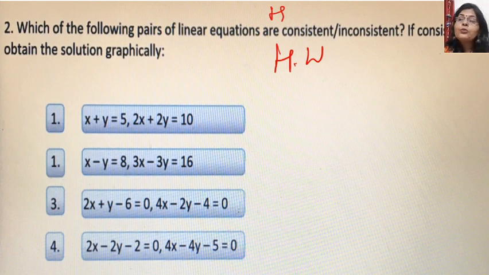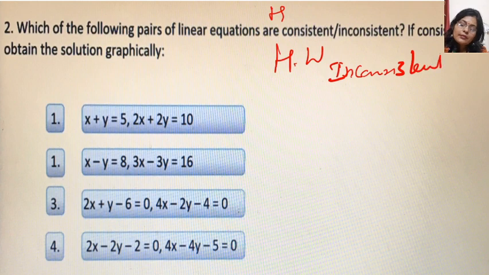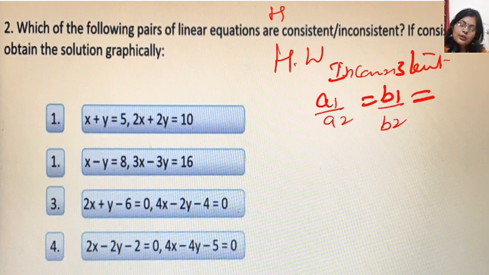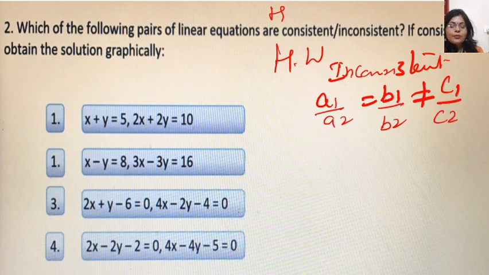You very well know the condition: inconsistent means parallel lines, it should have no solution. No solution means a1 upon a2 is equal to b1 upon b2 is not equal to c1 upon c2. Where such types of equations are there, it is inconsistent.